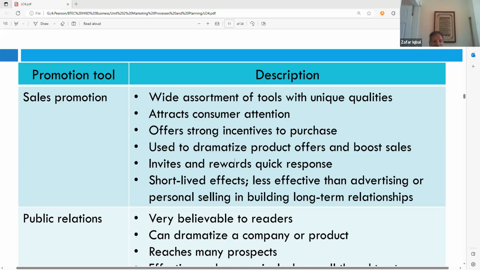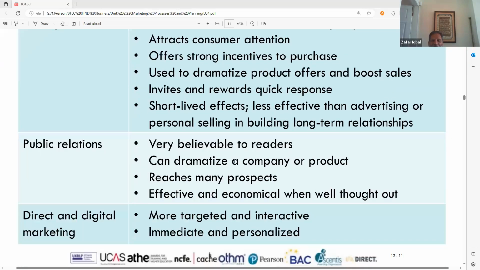Another tool that you can use when creating a marketing campaign is public relations. Now, public relations is a kind of creating awareness, for when you want to create an image or promote some kind of company, for example, or a product.